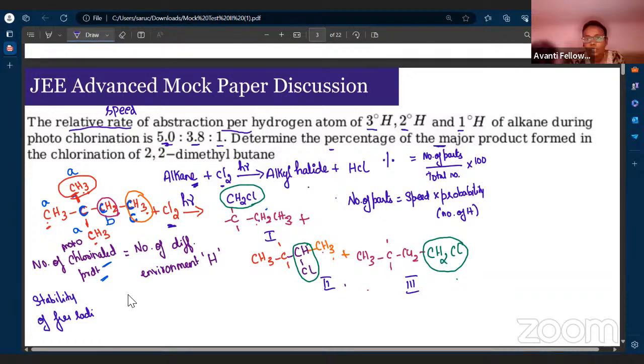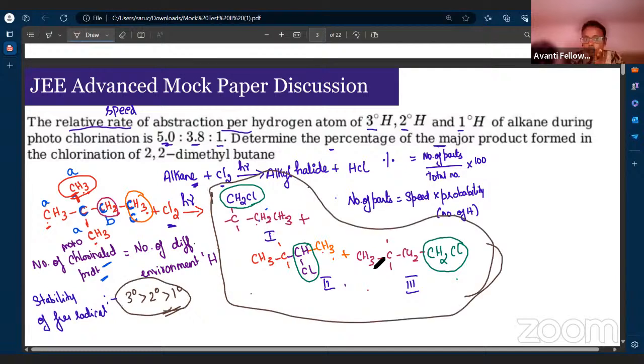It is tertiary, secondary, and primary. Okay, so this is the order. Now tell me which product will be the major product among 1, 2, and 3? You know the order. Now you can predict, right? Which one would be the major product among 1, 2, and 3?